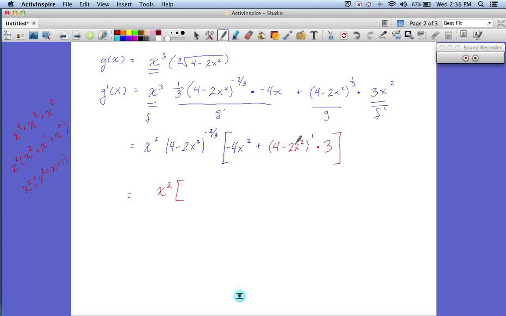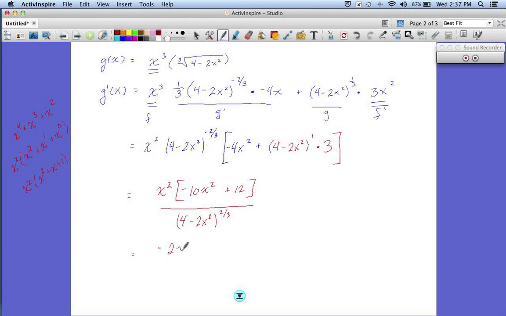Looks like I have a negative 6x squared and a negative 4x squared. That's a negative 10x squared, plus 12, all over 4 minus 2x squared to the 2/3. And here you can see we can take out, for instance, a negative 2.